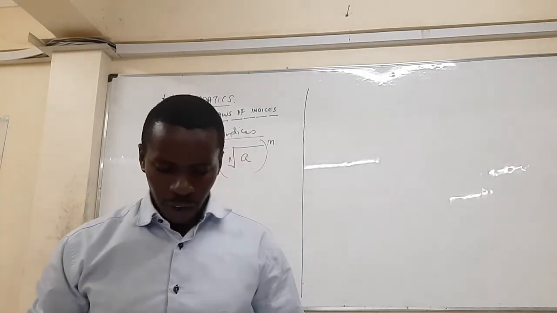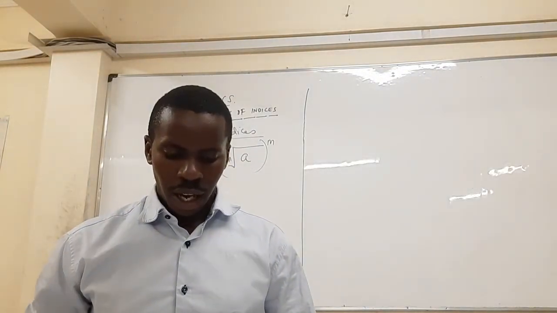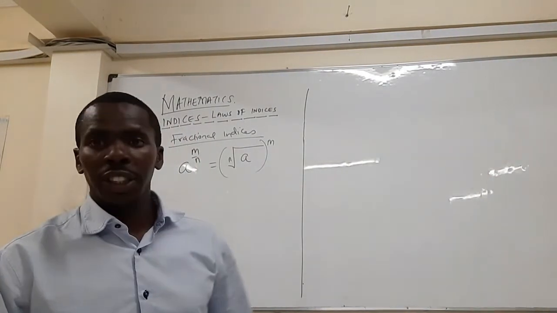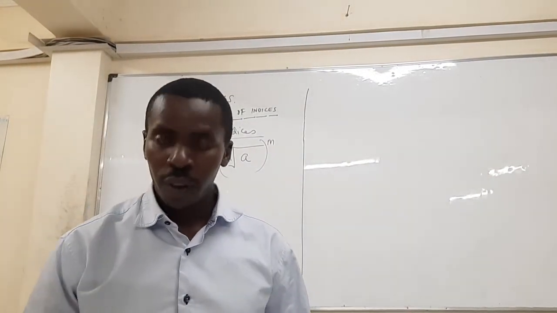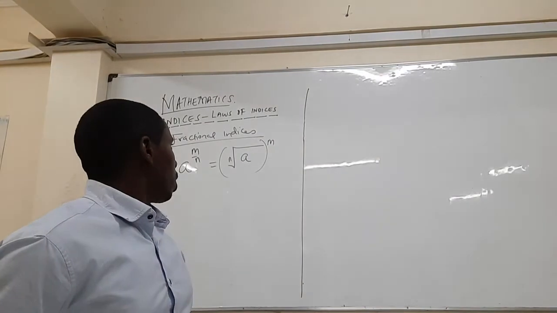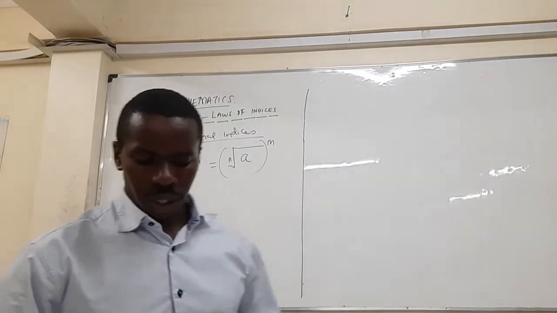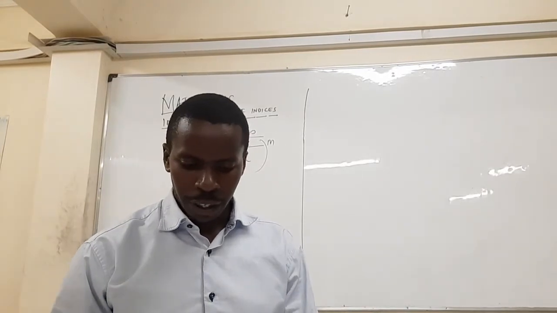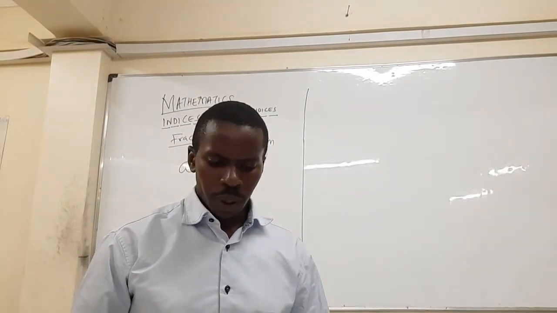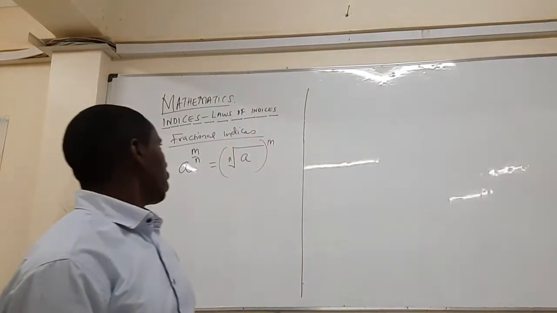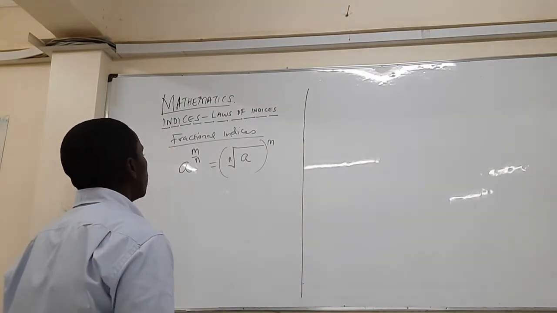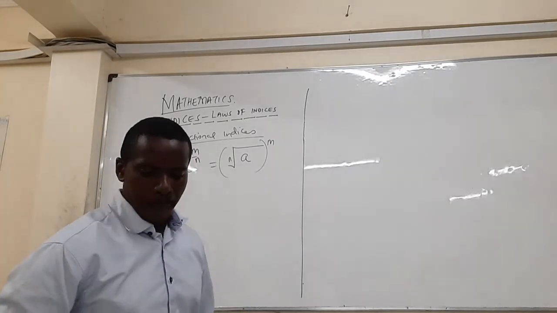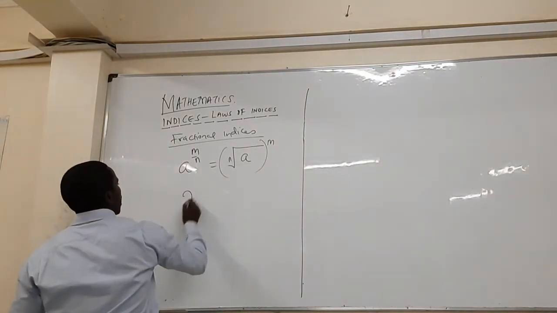So for a fractional index, the denominator is usually the root of the number that has been given there. An example here, maybe a number like 27 power a third.